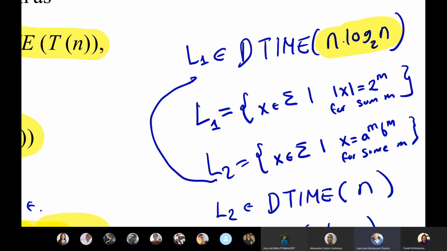That's why every language has a natural decision problem associated to it. You need to decide if an input belongs or not to that language. Is that clear or not?